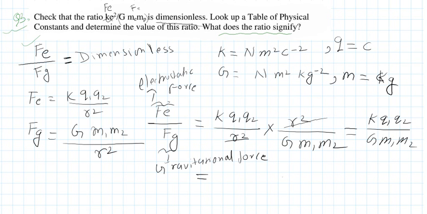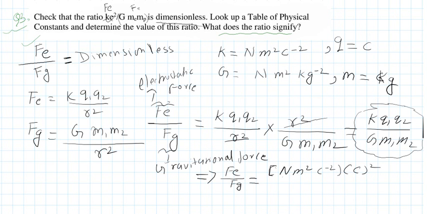Now putting the units in this equation, Fe upon Fg will be: unit of k is Newton meter square per coulomb square, and unit of charge is coulomb, so here we have coulomb square, upon the unit of gravitational constant, Newton meter square per kg square, and the unit of mass is kg, so here will be kg square because we have two masses here.